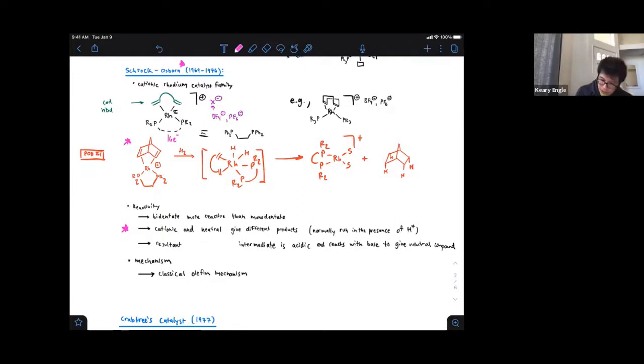And so practically they get around this by normally running these reactions in the presence of a little bit of H+ to maintain always the dihydride state.